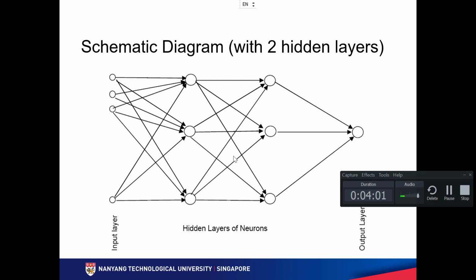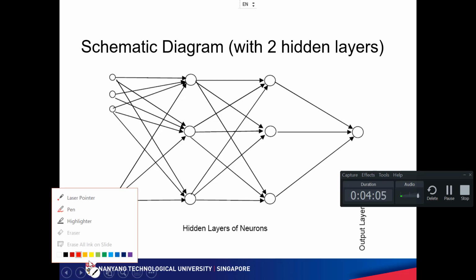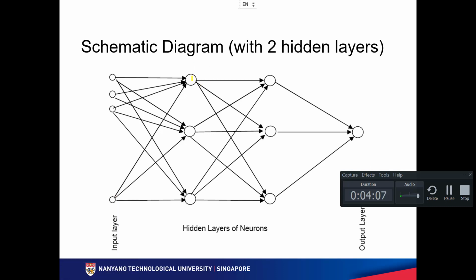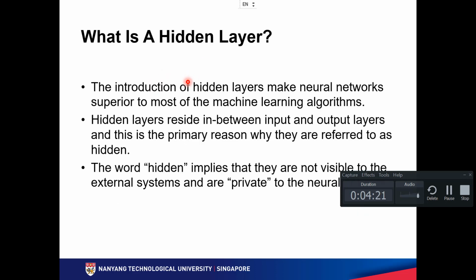So you have 2 hidden layers, and every single dot is a perceptron here. You multiply each input by the weight, then you add every one of them. And you can have multiple hidden layers.